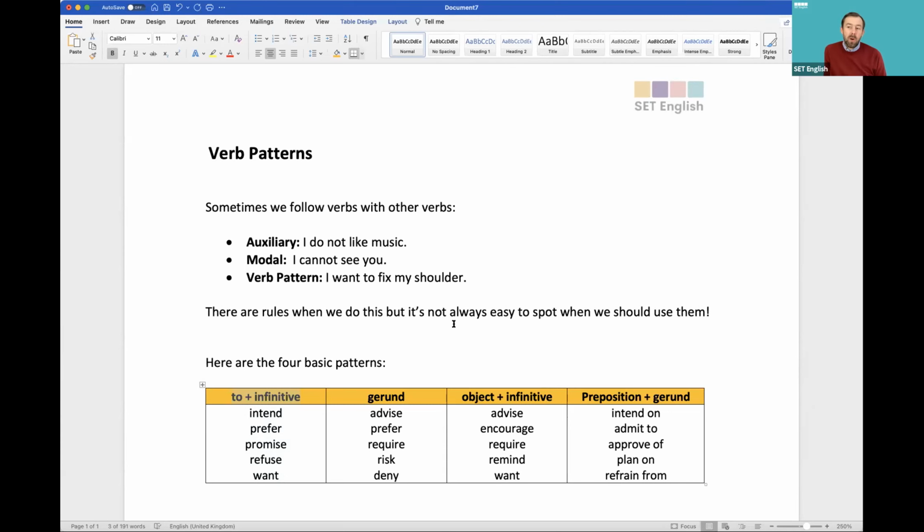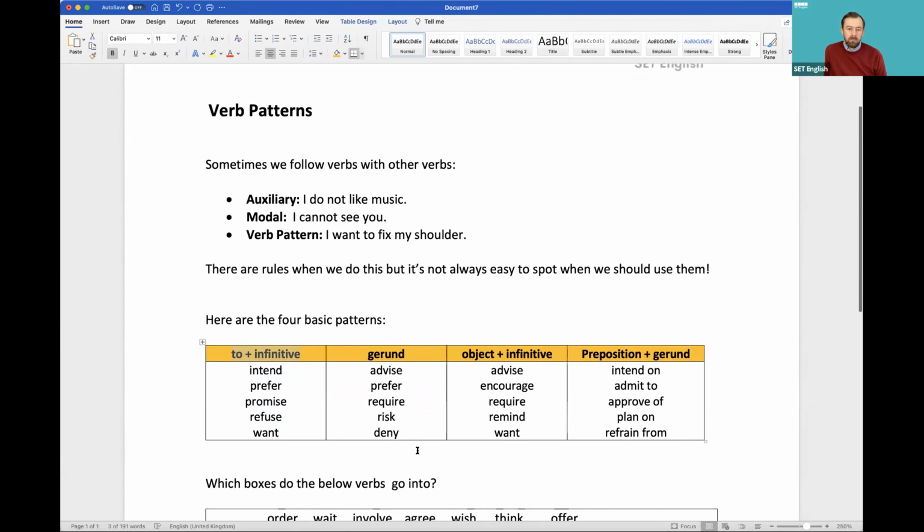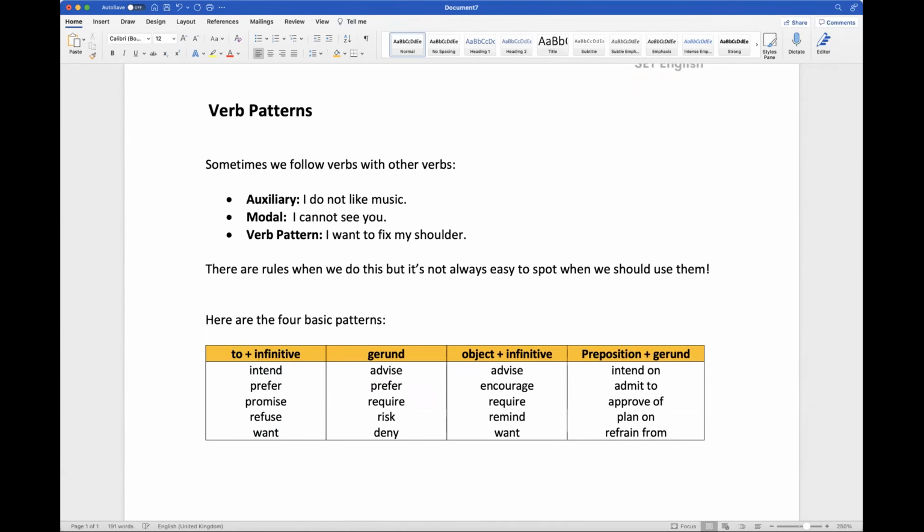Okay, so if your boss said to you, I want you to double this dose, you'd say, I will refuse to do that. Because it depends on the situation. If it's necessary, you would do it. If it's not necessary, you would refuse to do it.